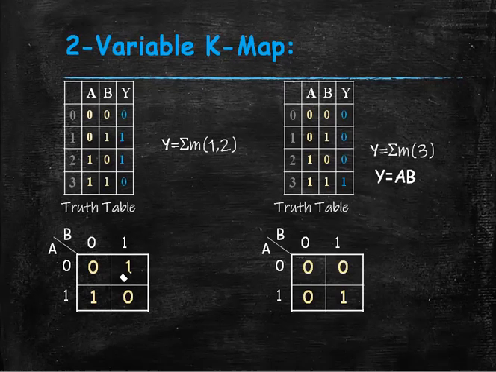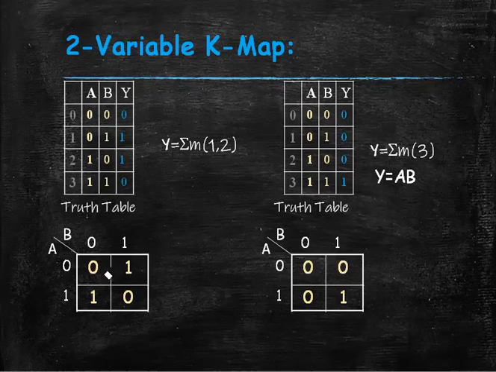And now we are going to obtain the Boolean expression or the logical expression. Look at this one. For the position, A is 0, A is 0 means A bar, B is 1, it is A bar B. And for here, it is AB bar.